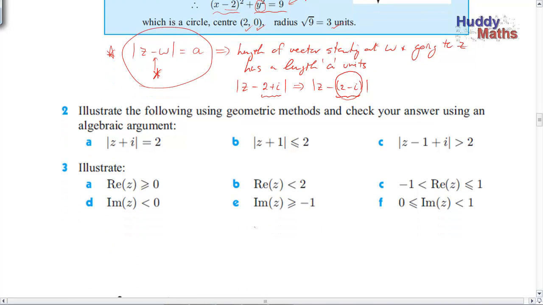Now be precise with your diagrams. Precise. So what's the equal sign? Less than or equal to? Oh, there's a plus in there, that could be a problem. Not sure about this one, might play with that. And this doesn't have an equal sign. So how is that going to be represented in terms of the circumference of the circle? Will it be shaded or will it be continuous? So be careful here, be precise.